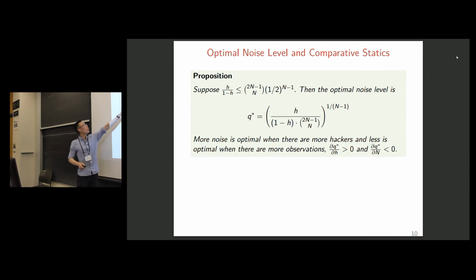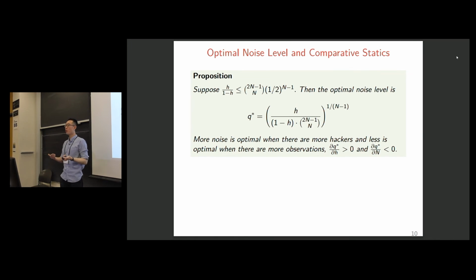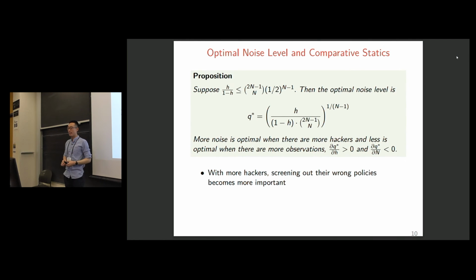Now, what's nice about having this sort of quite stark model is that it allows us to solve in closed form the optimal level of noise, and this expression here. The exact functional form perhaps isn't so interesting. What's more interesting perhaps might be these comparative statics. The optimal level of noise is increasing in the amount of hackers, because with more hackers, screening out those wrong policies becomes relatively more important.